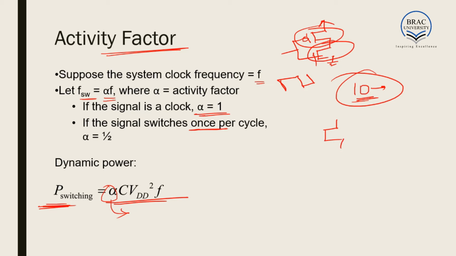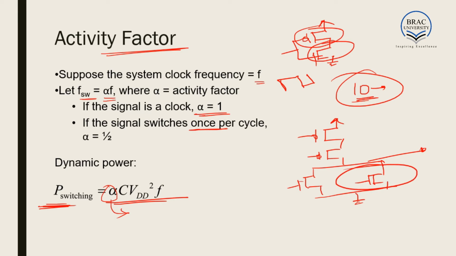But if we consider it as a NOR gate in CMOS, a circuit similar to this one, it's not necessary that all the MOSFETs will turn on and off simultaneously. It may happen that the output is being changed only because this MOSFET switched on, or only because this MOSFET switched on, or this switched off. That is, each of the MOSFETs has the ability to show its impact on the output, and not all the time will all the MOSFETs switch.